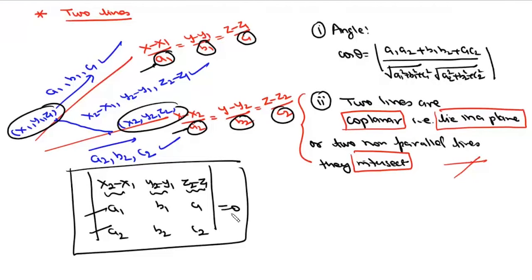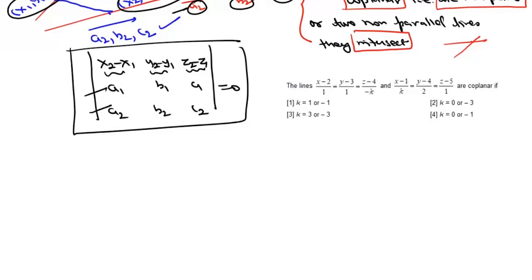Now say for example we are given two lines (x minus 2) upon 1, (y minus 3) upon 1, (z minus 4) upon minus k, and (x minus 1) upon k, (y minus 4) upon 2, (z minus 5) upon 1, and if they are coplanar we need to find value of k. Now we write point on this line. Point on this line is 2 3 4, and point on this line is 1 4 and 5.